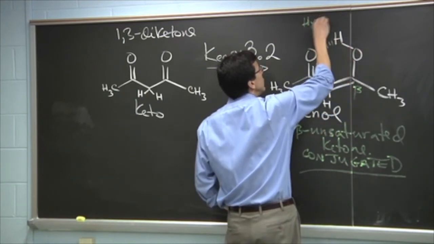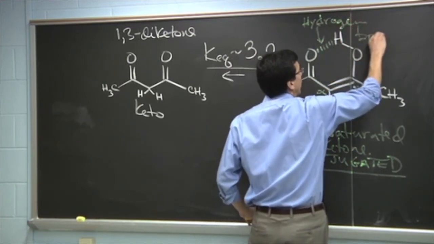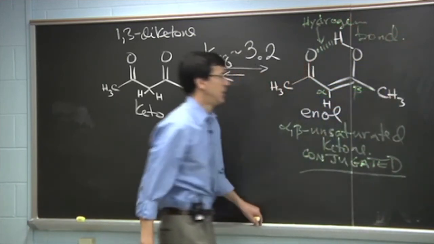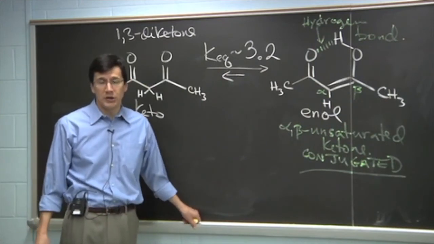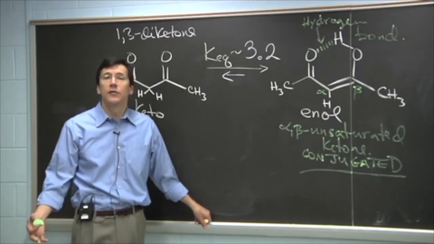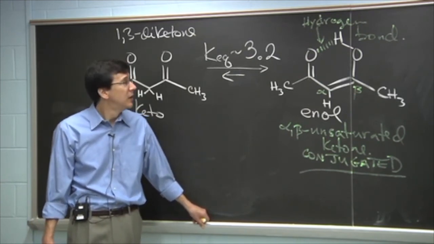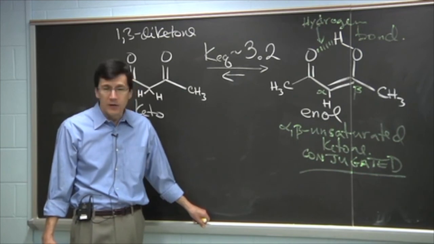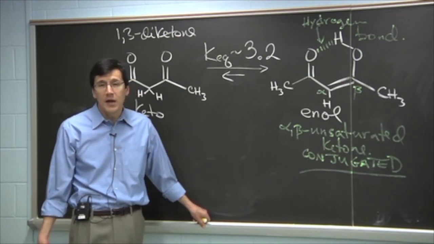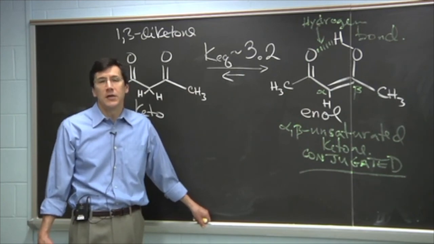So this hydrogen bond can also stabilize the enol form in this particular case. So while as a general rule, the keto form will typically predominate over the enol at equilibrium, there are cases where this goes the other way when there's something particularly stabilizing about the enol form.